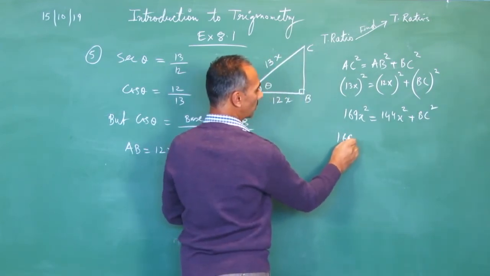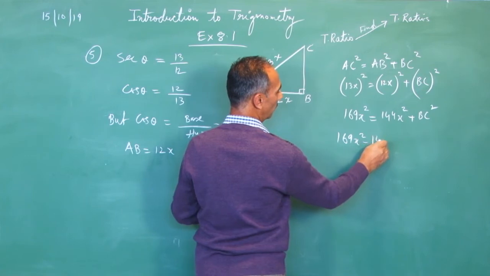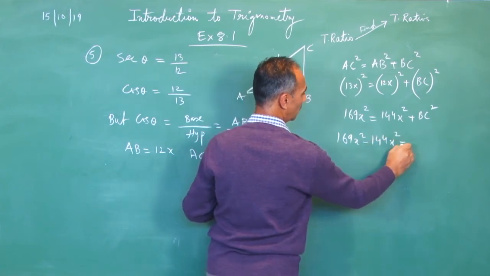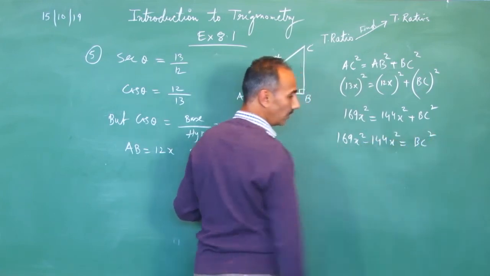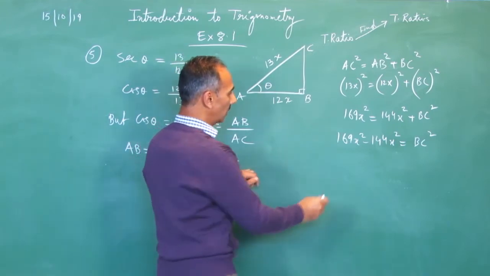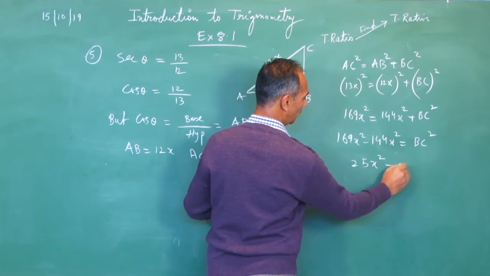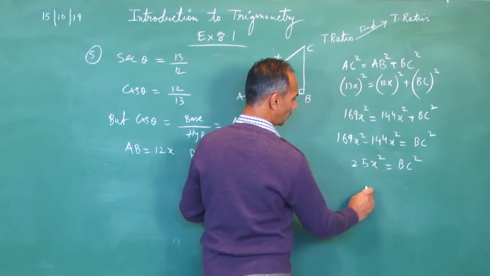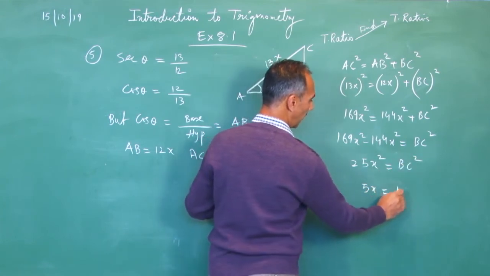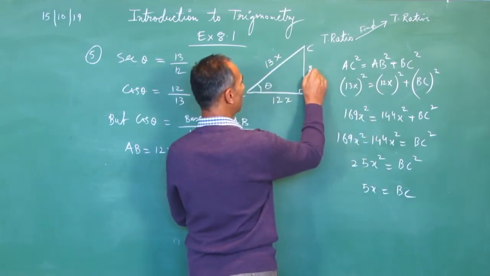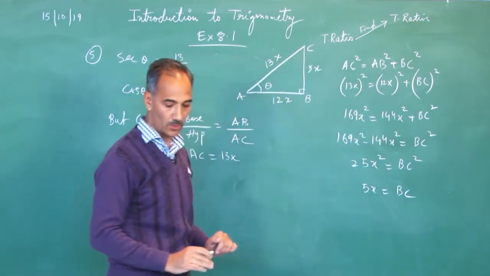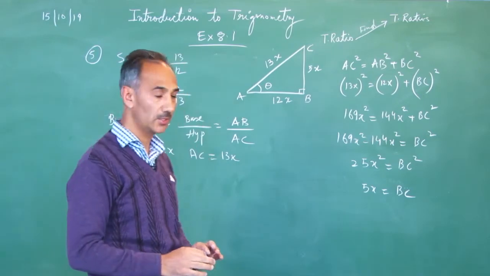That means 169x square minus 144x square is BC square. Simple solving of an equation: 9 minus 4 is 5, 6 minus 4 is 2, so 25x square is BC square. Using the positive square root, 5x is BC. So we have succeeded in finding the third side.